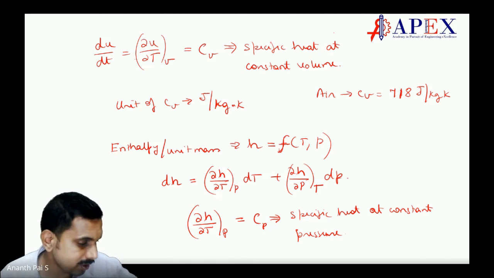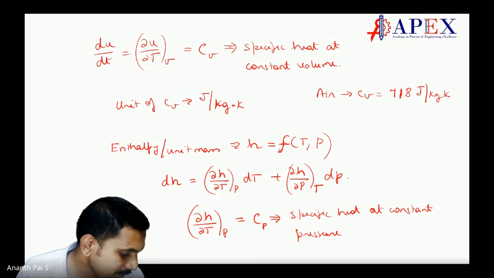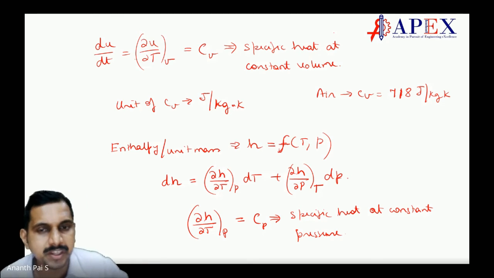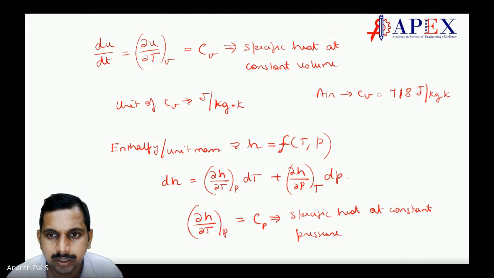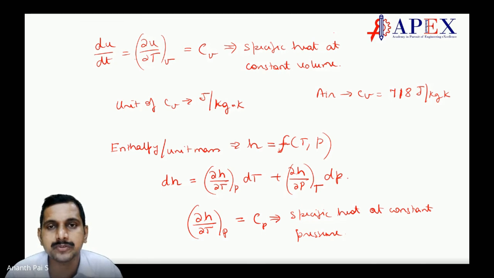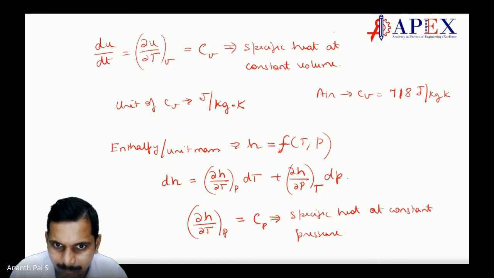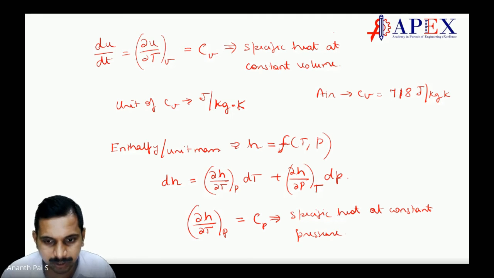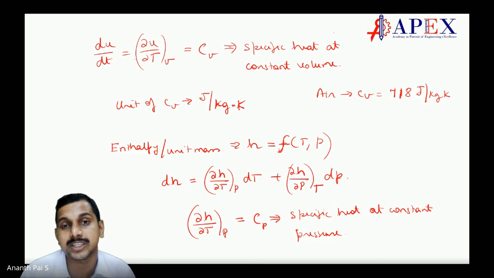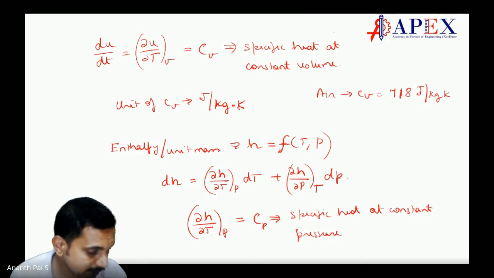Now, one thing you may ask, students, is what is specific heat? Specific heat is the amount of heat required to increase the temperature of a unit mass of the substance by 1 Kelvin. That is basic. We will do a problem on this after the class, because a problem has come in GATE. Write this down, students.